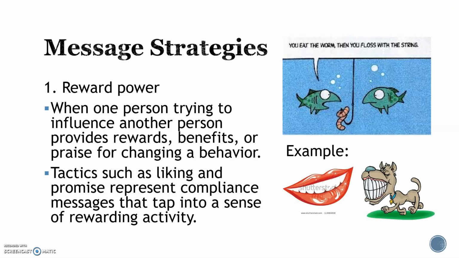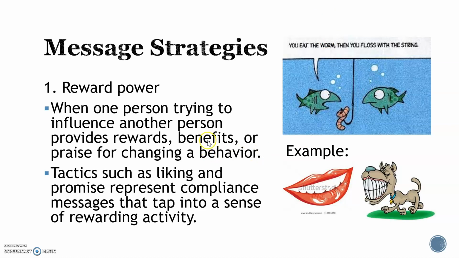So my message would be something like, if you keep flossing your teeth regularly, you're going to have really healthy teeth and you will look very nice with these beautiful teeth. So that is reward power. Basically, I'm presenting you the potential benefits you can get from this behavior.